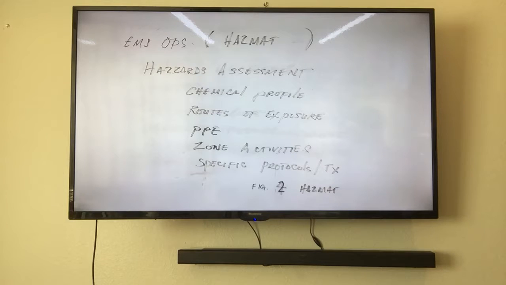So they're using self-contained breathing apparatus and duty uniforms, as well as using a full-on moisture vapor barrier type device that's enclosed, and their ventilation systems are not just filtered, but they're self-contained.